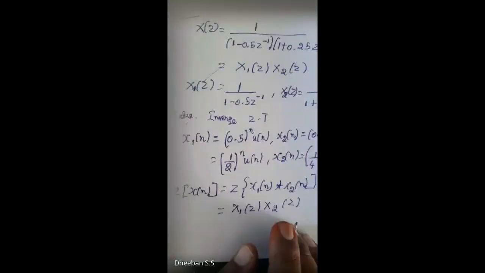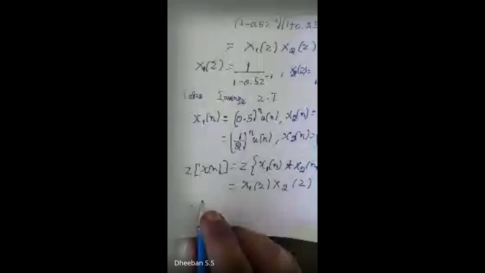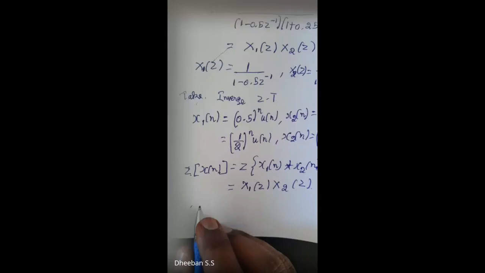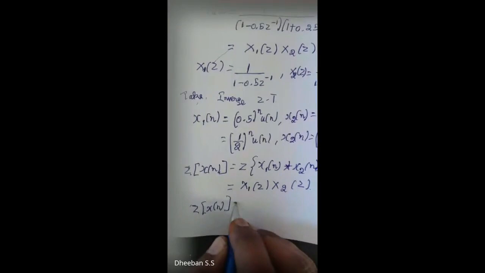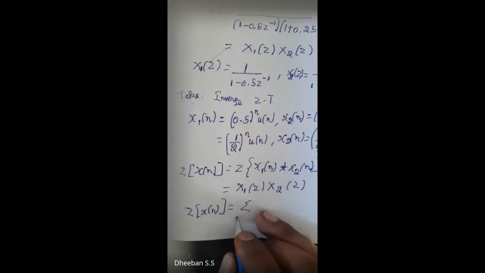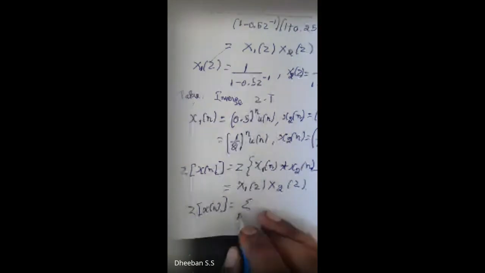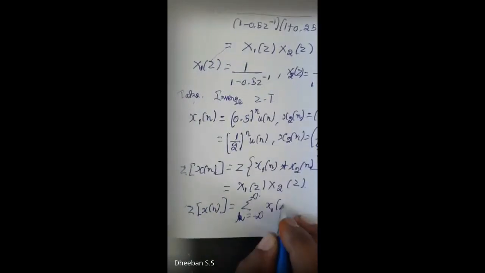Regarding this convolution property, the value will be summation k equal to minus infinity to infinity x1 of k into x2 of n minus k.